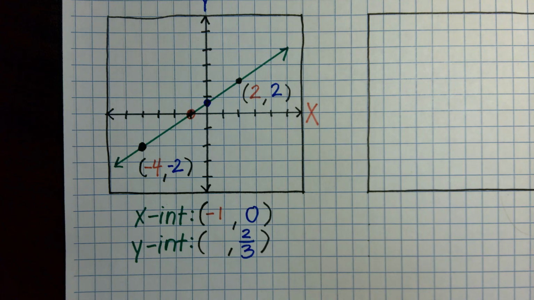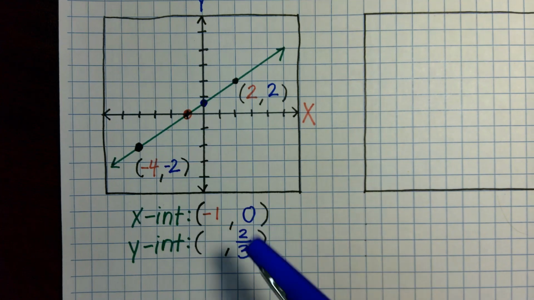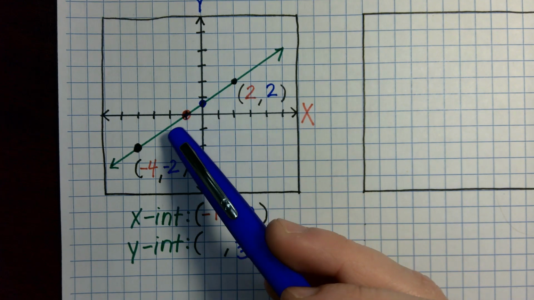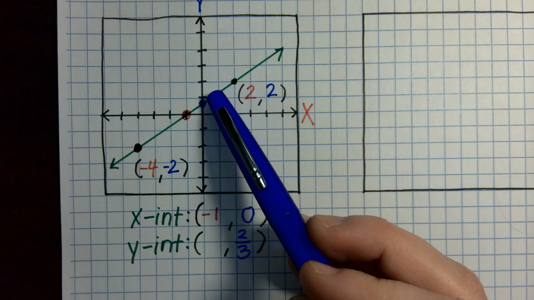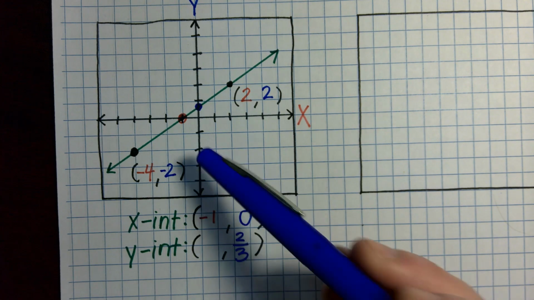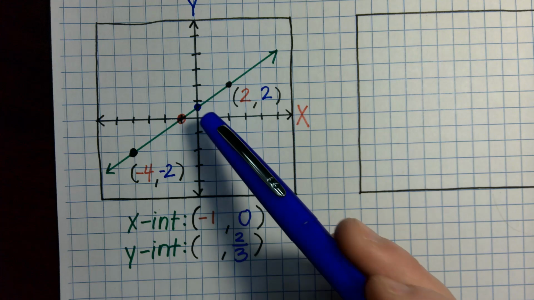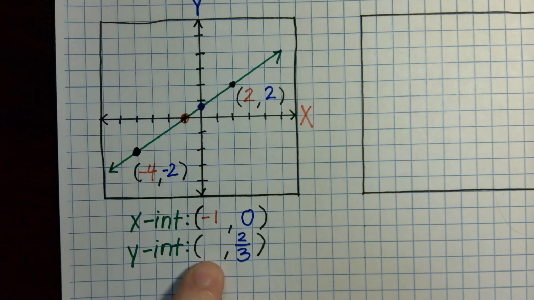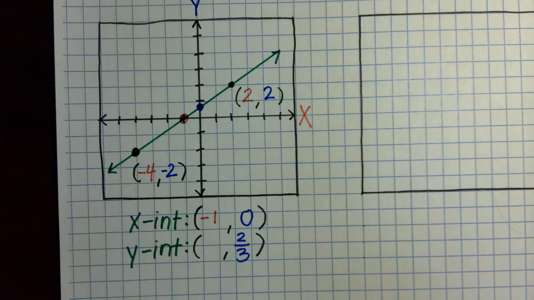I'm not going to be super strict on whether you put 2/3 or 1/2, or even if your scale wasn't perfect and you got 1, that's fine. As long as what you wrote for your number makes sense with your picture. It's your picture that I'm worried about versus your numbers. Okay, and then what's our x value for the y-intercept? 0. Very good.